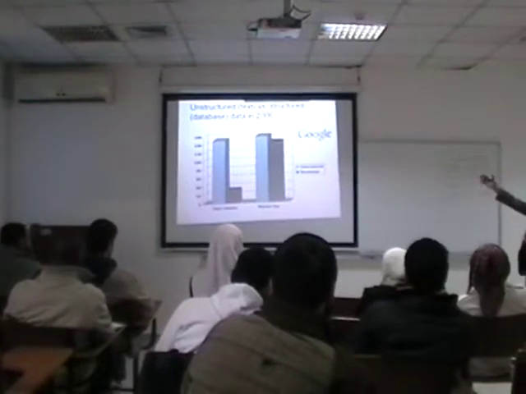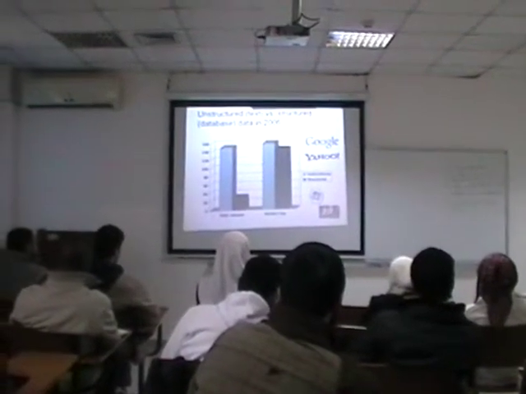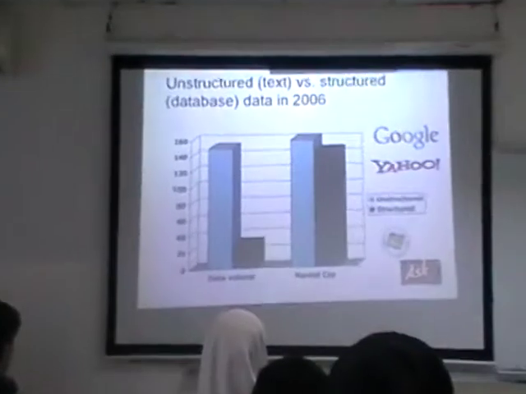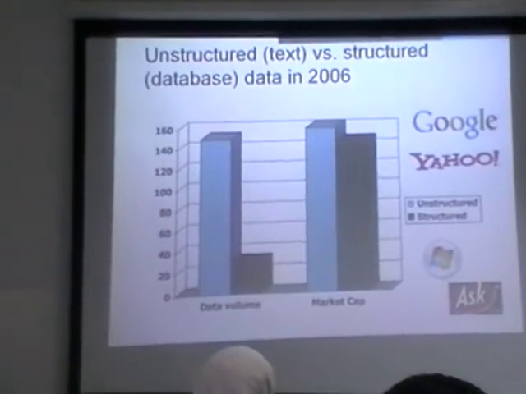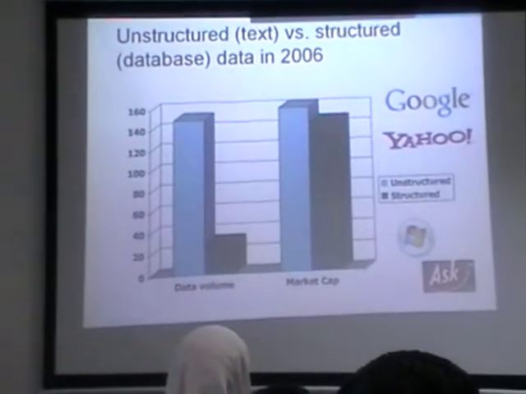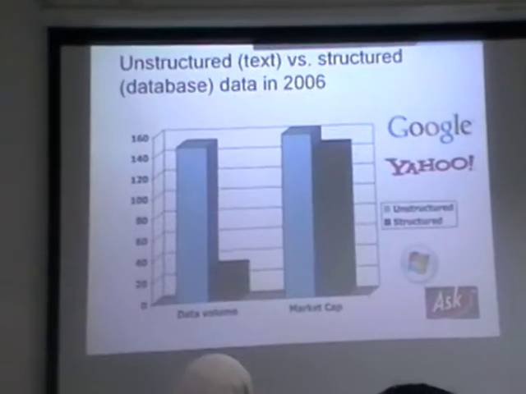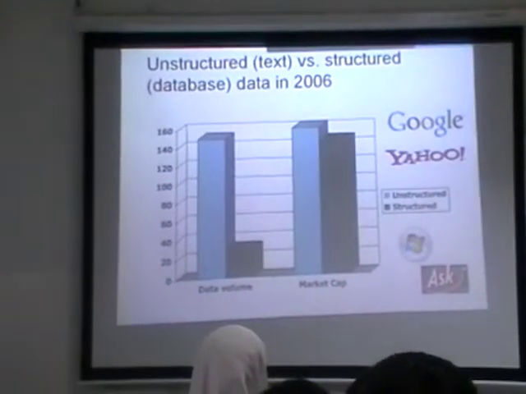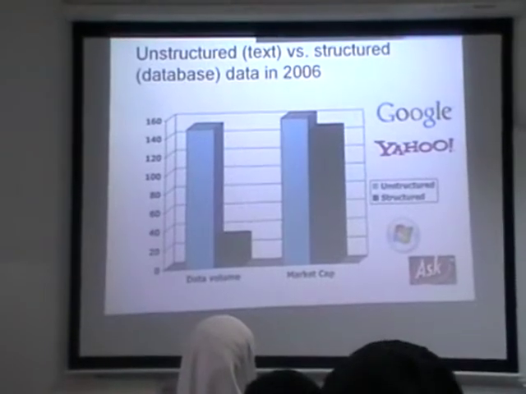And we can see there are so many companies that have entered the market that do information retrieval from unstructured data. So this is the first part, which is the introduction to the course.